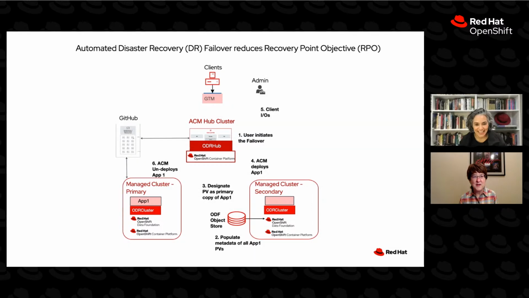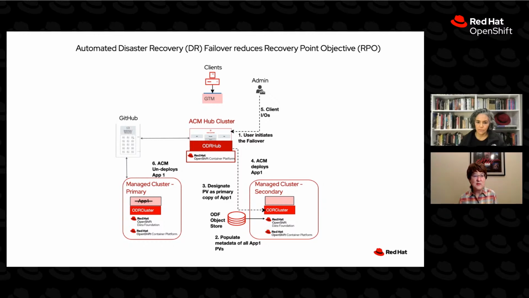What we're going to look at here is the flow. The administrator of the OpenShift would initiate the failover. This is done using a custom resource on ACM. Then that will populate the metadata for the volume into the secondary cluster.